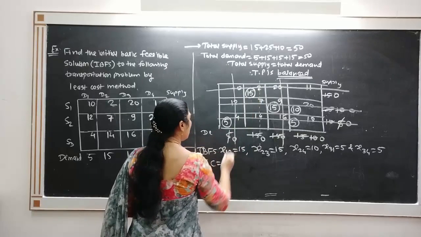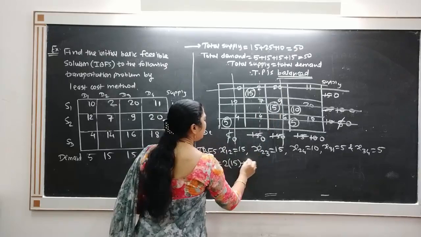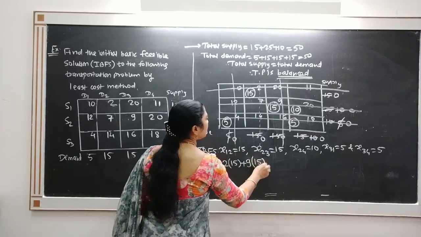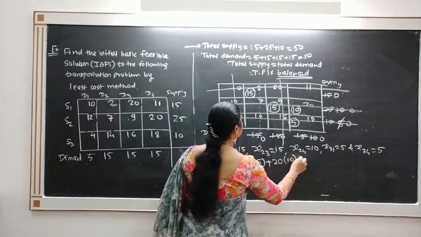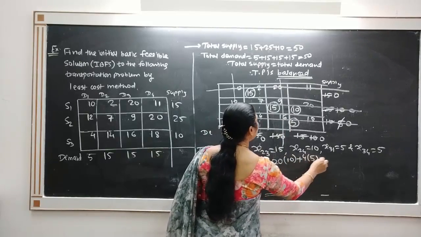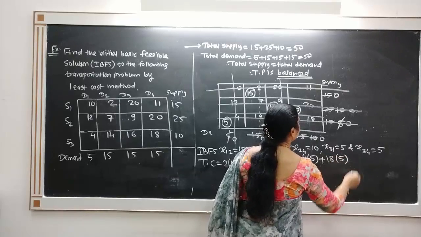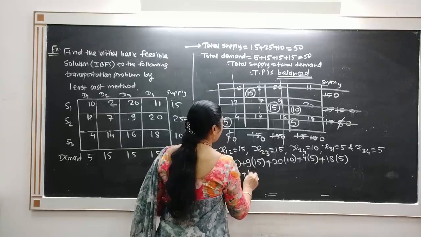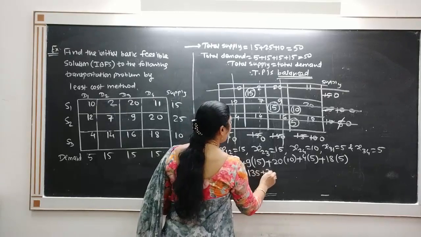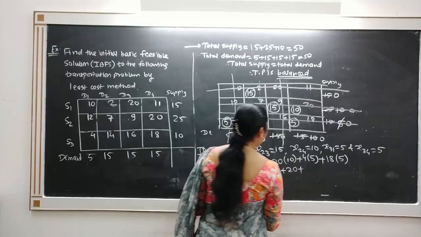This is equal to 2 into 15 plus 9 into 15 plus 20 into 10 plus 4 into 5 plus 18 into 5. This is nothing but 30 plus 135 plus 200 plus 20 plus 90.